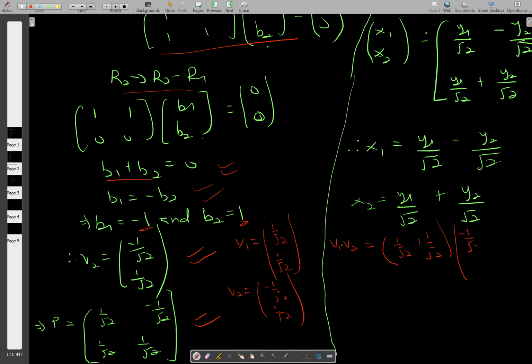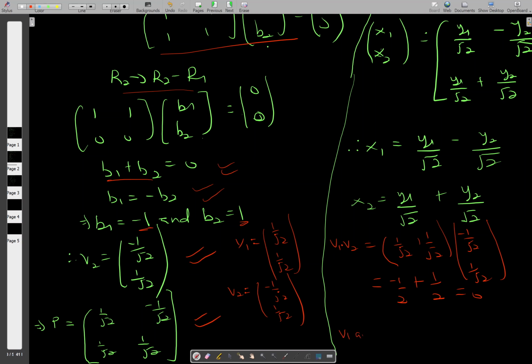So 1 over root of 2 times minus 1 over root of 2 is minus 1 over 2, plus 1 over root of 2 times 1 over root of 2 is what? 1 over 2. And this gives you what? 0. And therefore, our vectors v1 and v2 are what? Orthogonal.